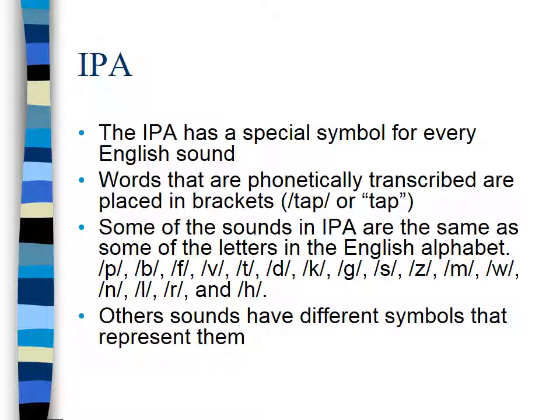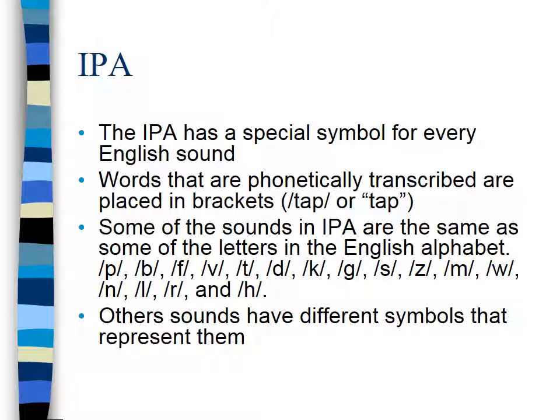Some of the symbols in IPA are the same as some of the letters in the English alphabet. So most of the IPA symbols that we will be using in our course are located on your regular keyboard. So you'll be able to just type them in. They are the same as letters, which can be confusing, but also can make things easier.